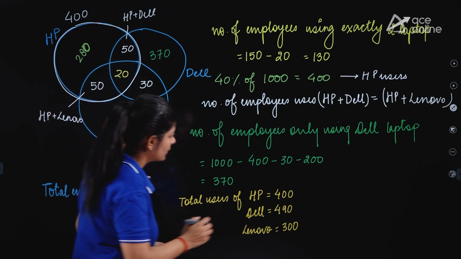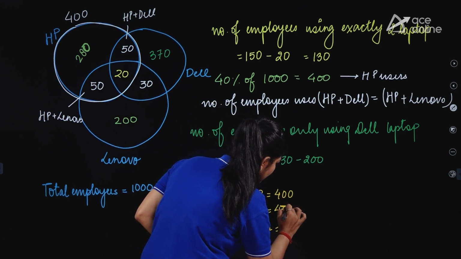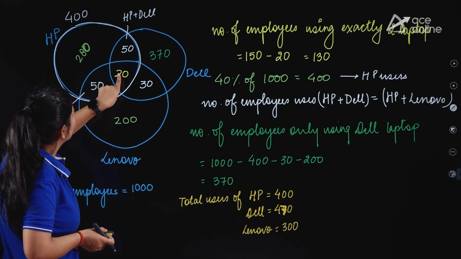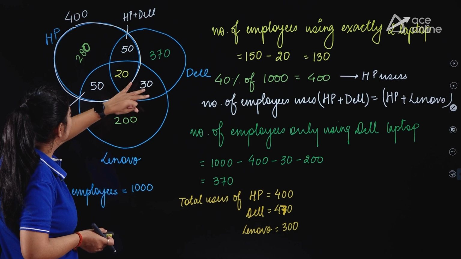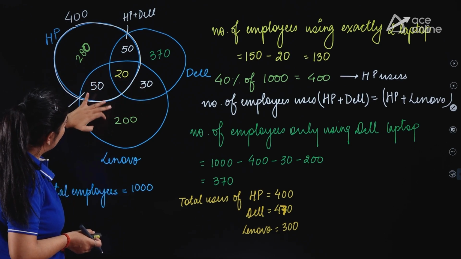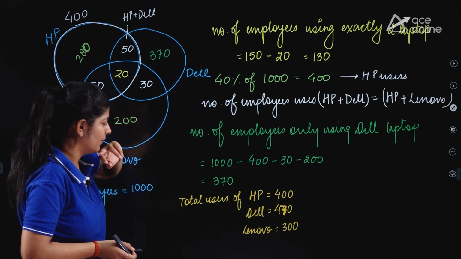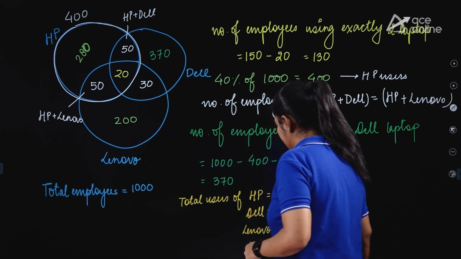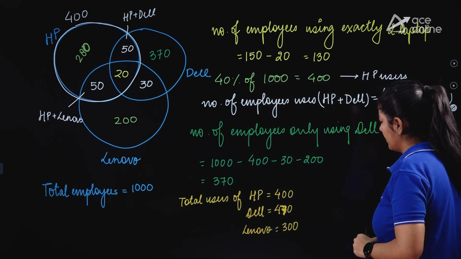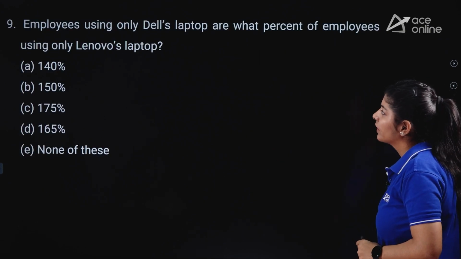Here we have 470, not 490. And here again we have 20 and 30, that is 50, 50 plus 50, 100, 100 plus 200, 300. But the value that we need over here is equal to 1000. Okay, let's see the questions that we have.